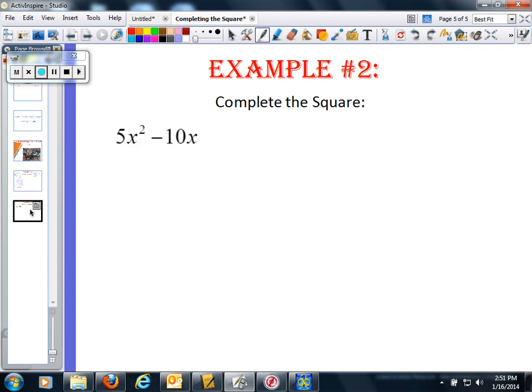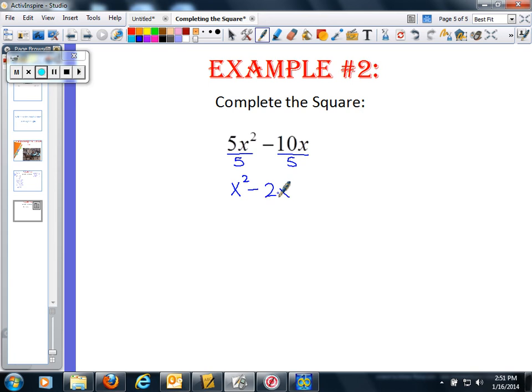So again, we'll go ahead and do this one more time. Now when I solve it, I'm going to have to be able to do this, and there's going to be some extra stuff we're going to do. So again, the first thing I'm going to do is divide everything by 5. This is going to give me x squared minus 2x.